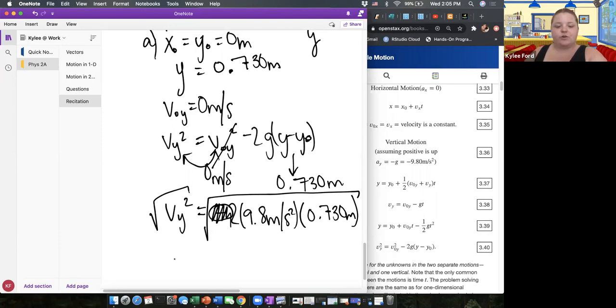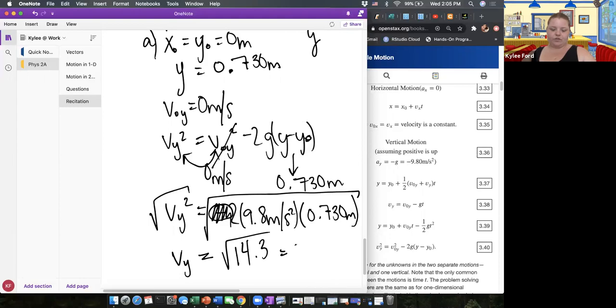All right, so my velocity then is going to be the square root of this number, which is, let's see, 2 times 9.8 times 0.73. Square root of 14.3, which is what? 3.78 meters per second. Okay.